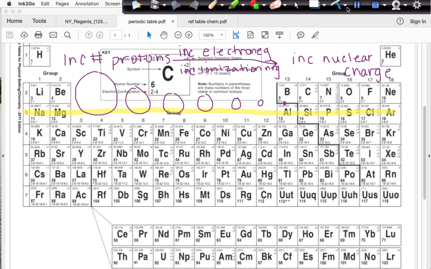We can also look on table S, and we can compare Na, Mg, Al, Si, because those are the elements as we go across period 3.